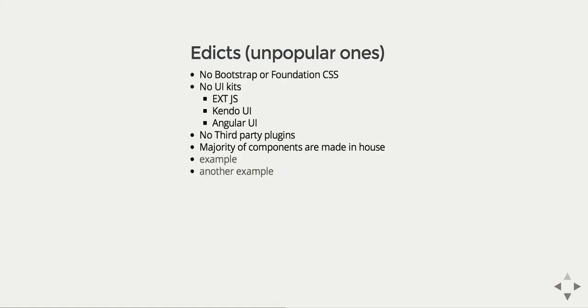One of the things that we decided we're not going to do is use Bootstrap or Foundation CSS, no CSS frameworks. And we also try to stay away from UI kits. By UI kits, I mean ExtJS, Kendo UI, Angular UI, and so on.